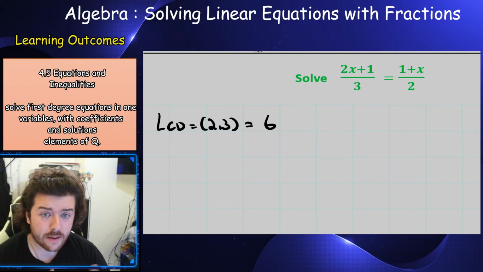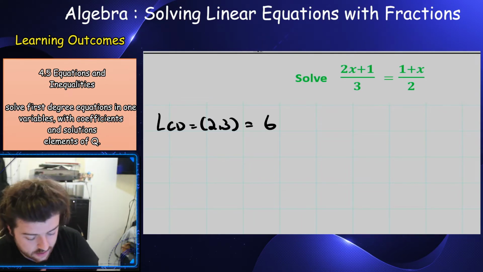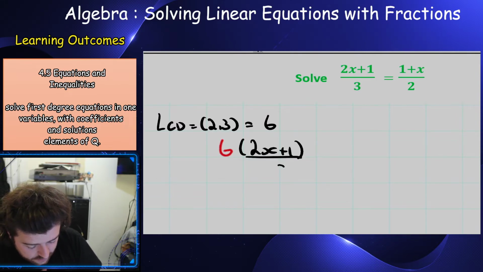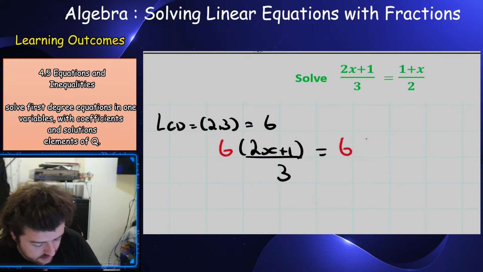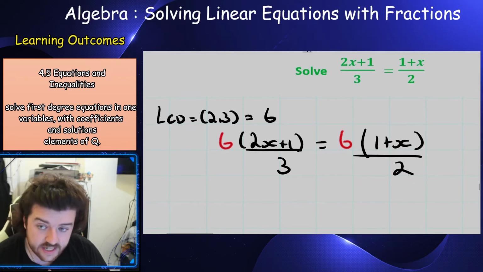And now I just multiply both sides of my equation by 6. So I have 6 times (2x + 1)/3 equals 6 times (1 + x)/2. Now I just simplify both sides.